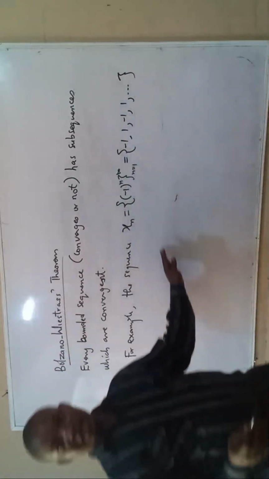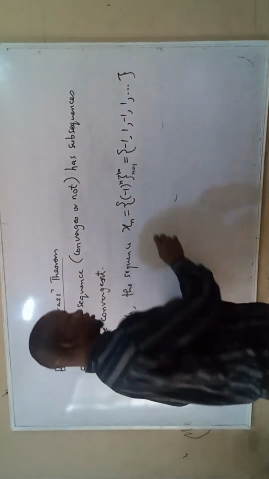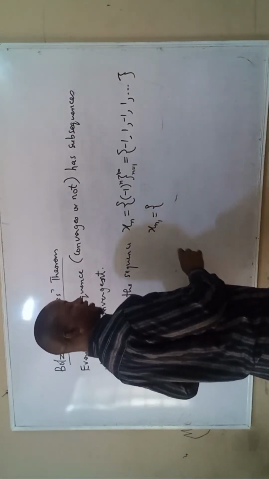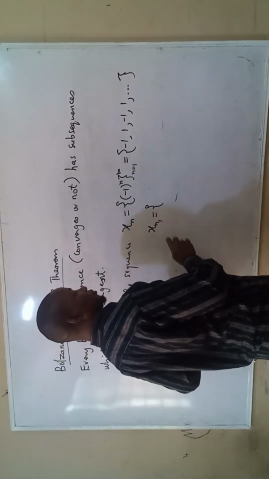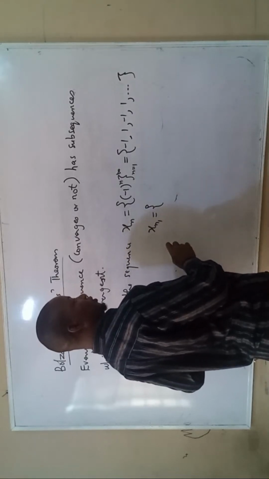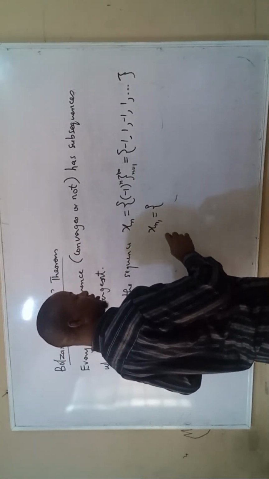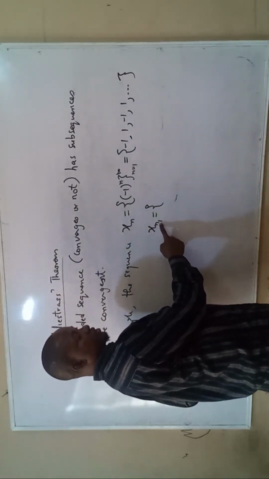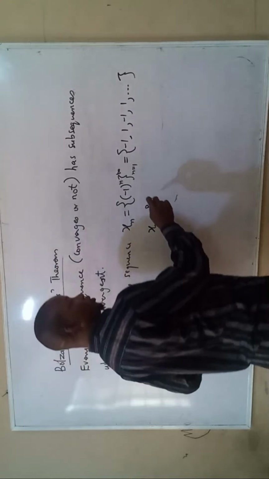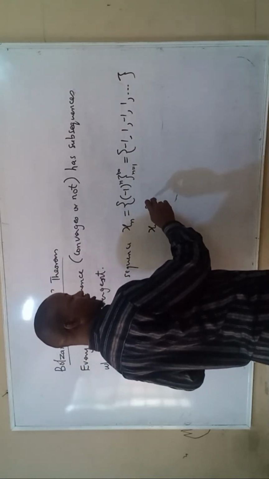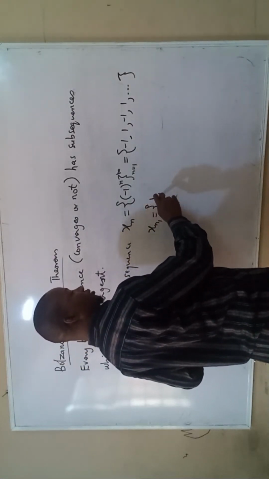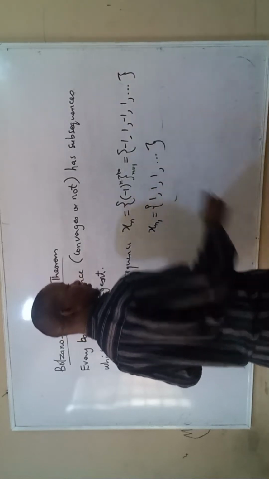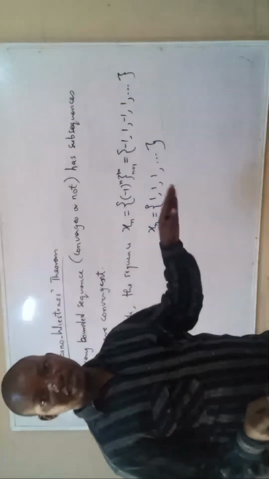Two things are possible. You can obtain a subsequence that satisfies this: if you replace n1 to be 2, you see that what we will be getting here will be 1, 1, 1, and 1. We get a constant sequence.